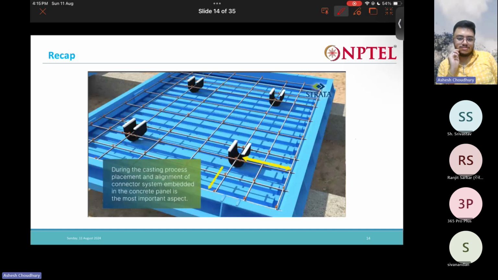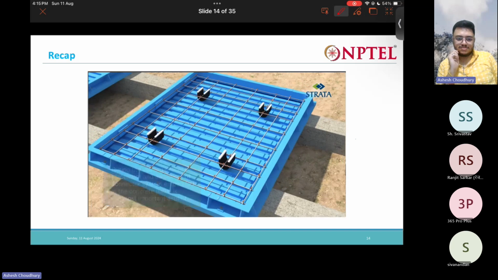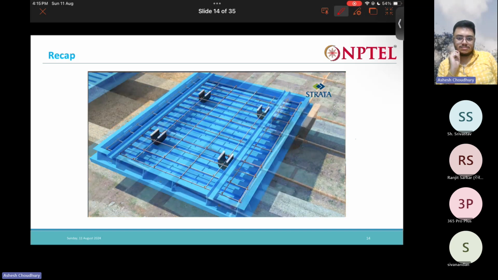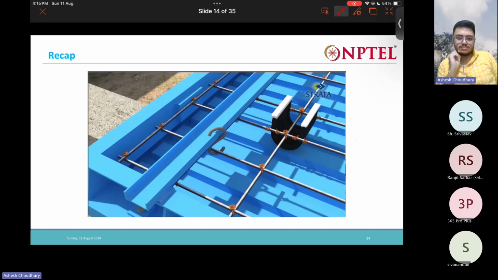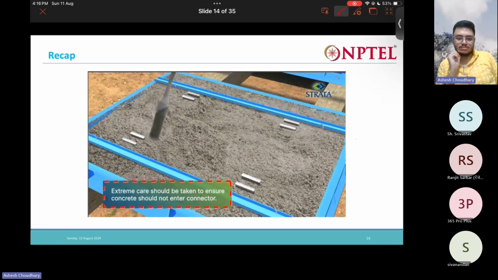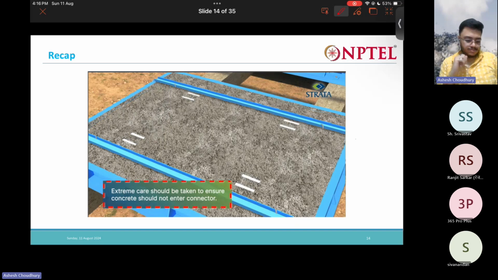Correct positioning and fixing of connector on the reinforcement must be rechecked. The reinforcement cage with the connectors will be held in position using channels and S-hooks. Concrete is placed in the mold with proper vibration. Necessary precautions must be taken to ensure connectors are in place and properly protected.